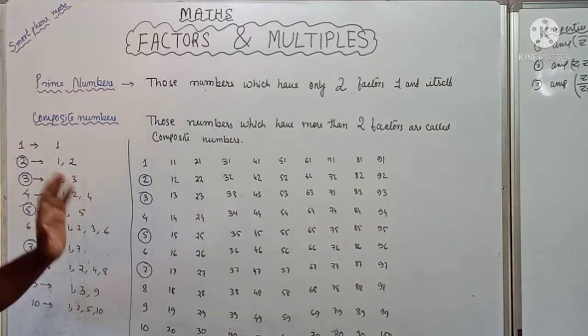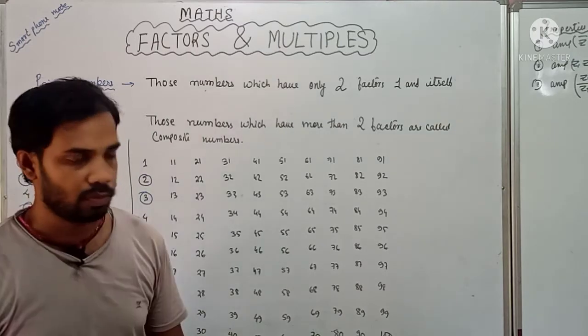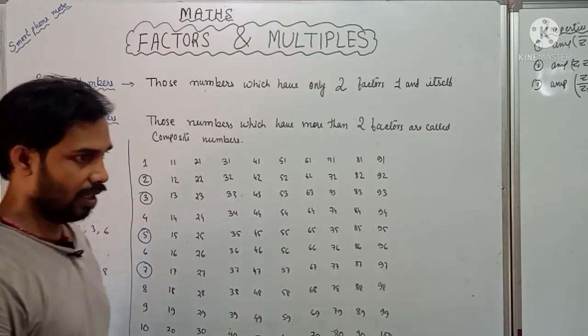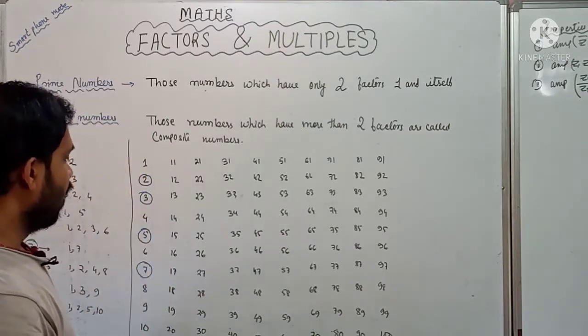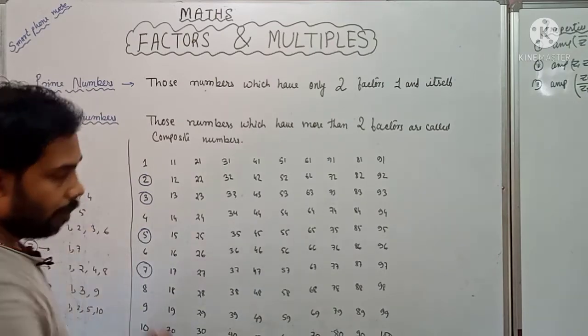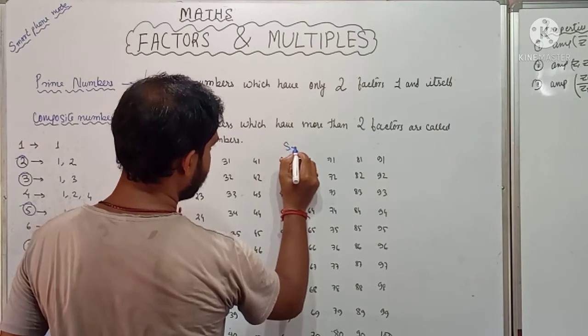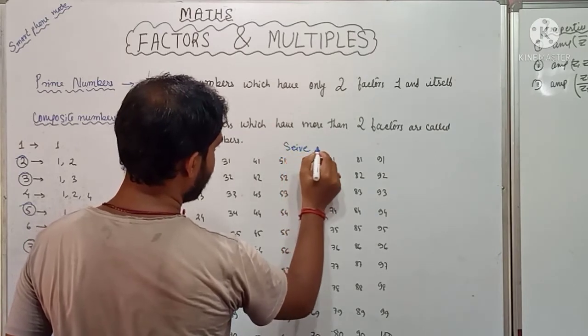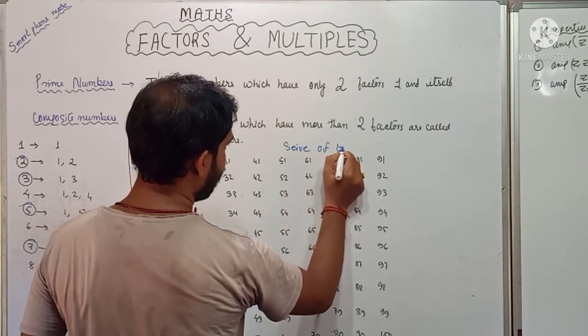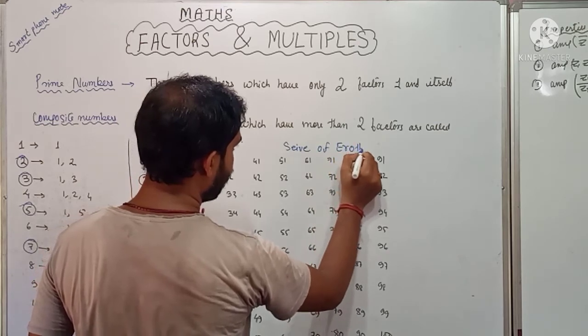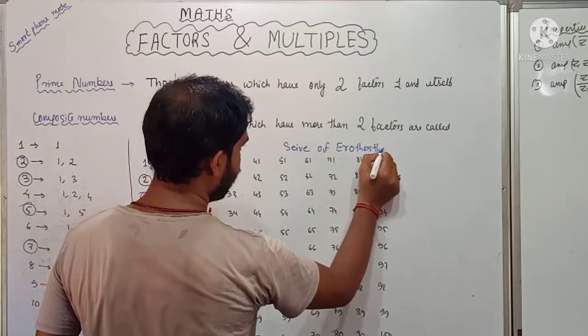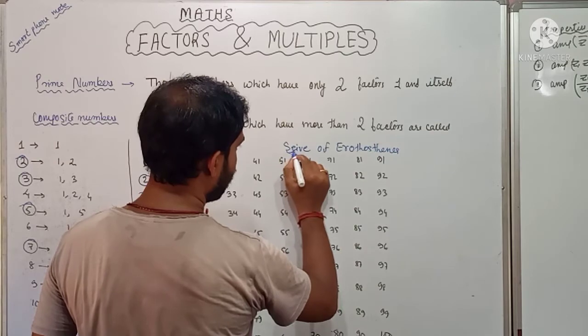The method by which we will find the prime numbers is a new method. It is the sieve of Eratosthenes. So you see the name, sieve of Eratosthenes.